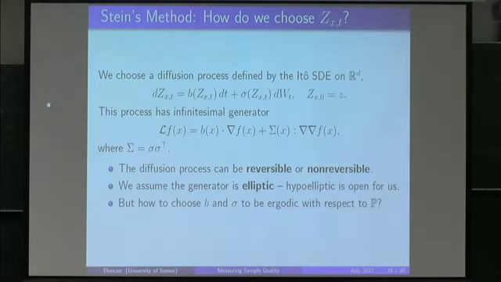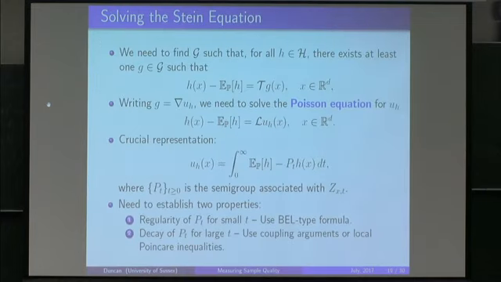Of course, if you assume it's hypoelliptic, that's fine. With some additional conditions, you can get decay for large t. But then, once you try to get explicit regularity results, like results on the derivative of the semigroup and second derivative of the semigroup, things get quite difficult. And so we weren't really able to follow through with the calculations.